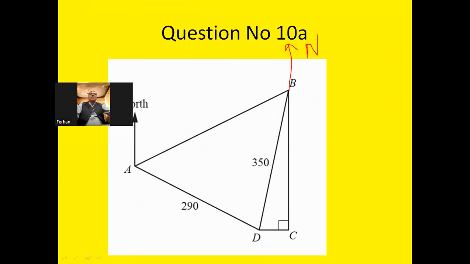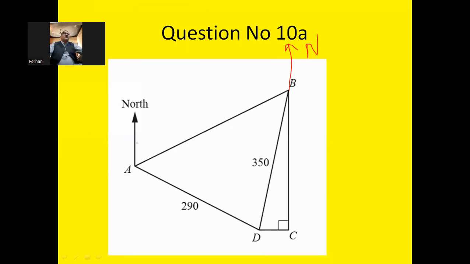This is the north. So this angle is 70. This angle here is 125. So this angle will be 125 minus 50, and that's 55.